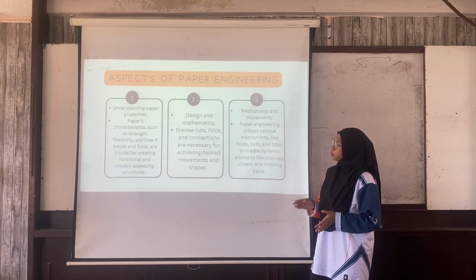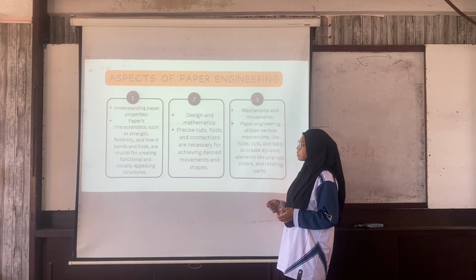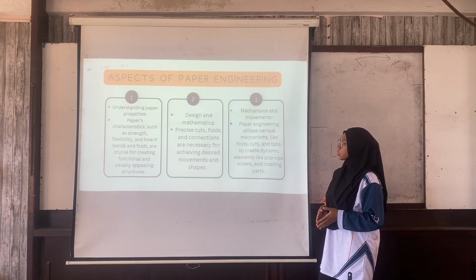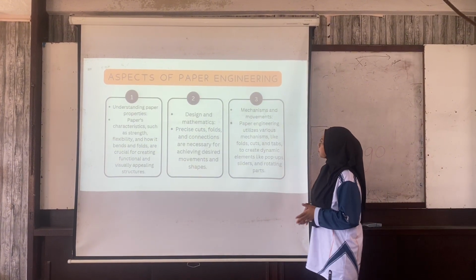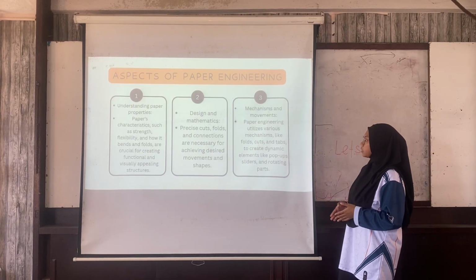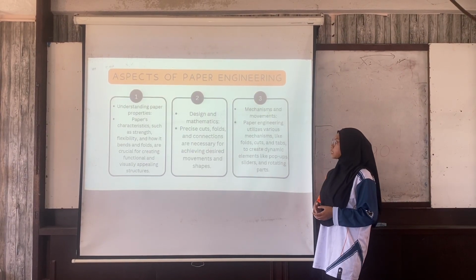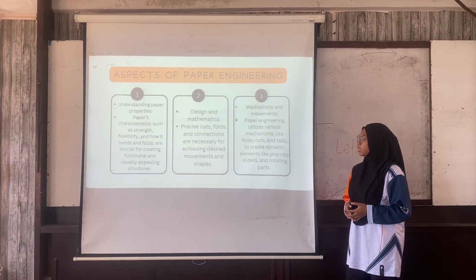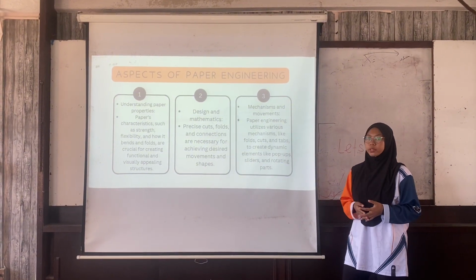In paper engineering, precise cuts, folds, and connections are necessary for achieving desired movements and shapes. And number three, mechanism and movement. Paper engineering utilizes various mechanisms like folds, cuts, and tabs to create dynamic elements like pop-up sliders and also rotating parts.